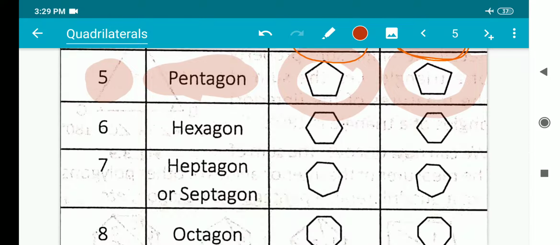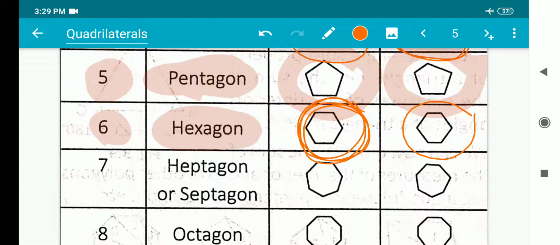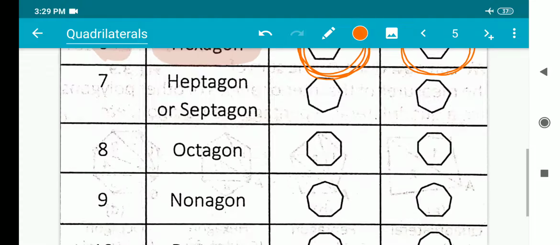And the other one is the hexagon, which has six sides. A six-sided polygon is called a hexagon. This is a regular hexagon and this is an irregular hexagon, because this hexagon has all sides equal and this hexagon does not measure equal lengths. And the other one is the heptagon.